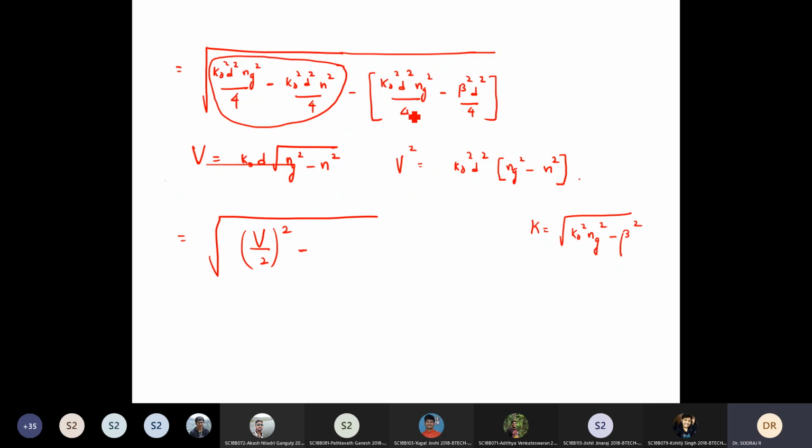The 4 is a scaling factor here. So according to this definition, this term is going to be kappa into d by 2, the whole square.